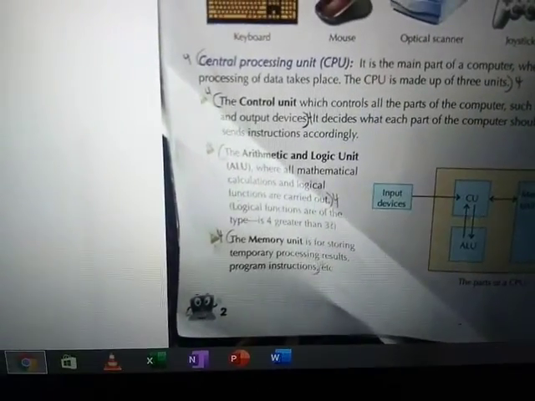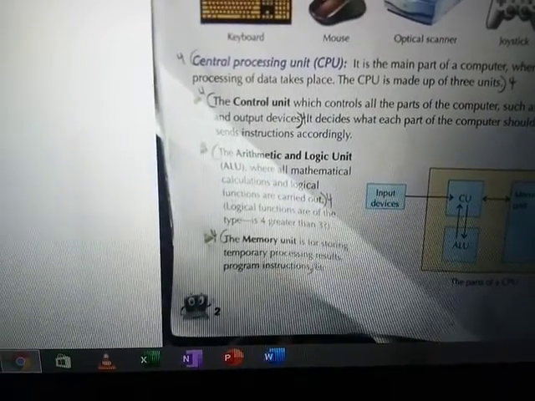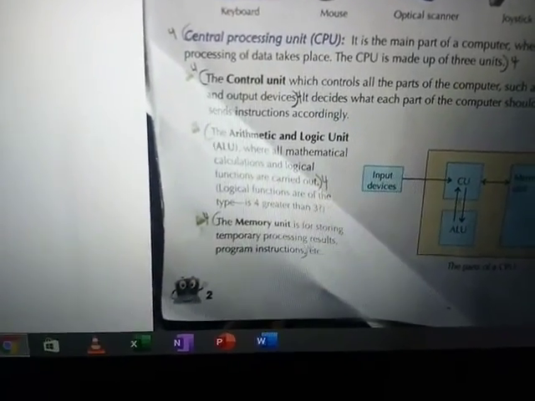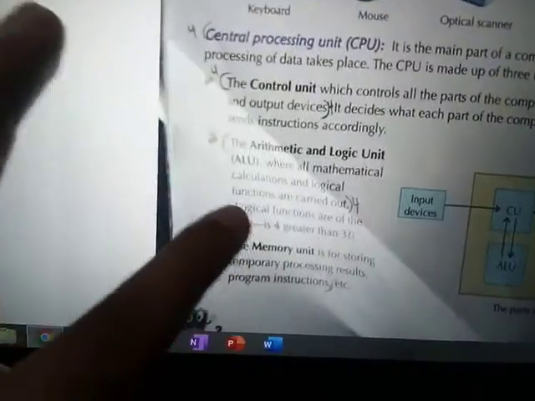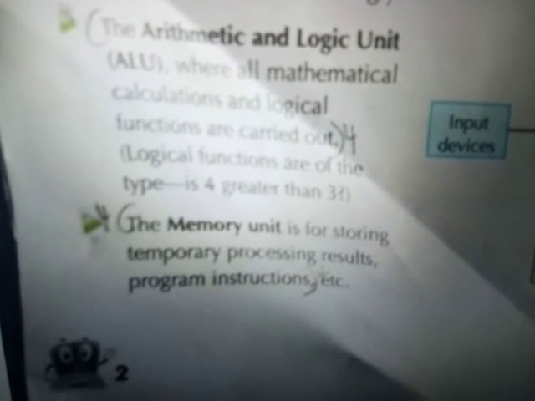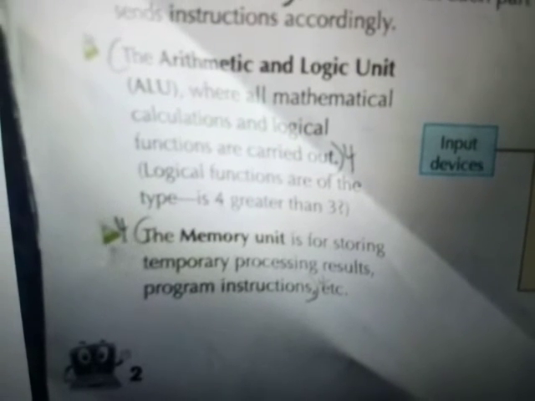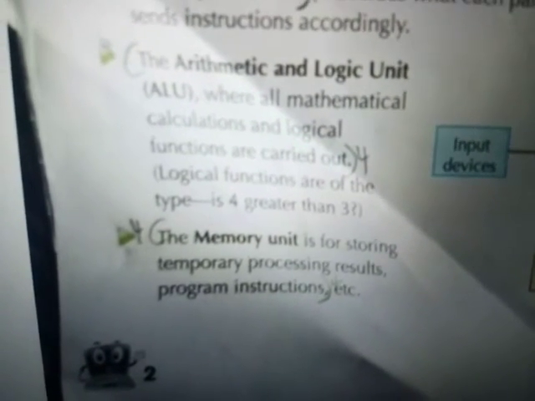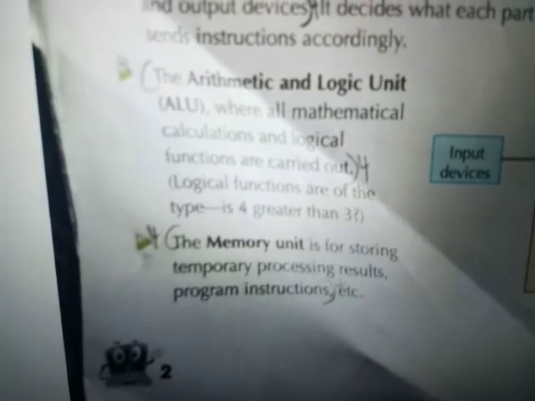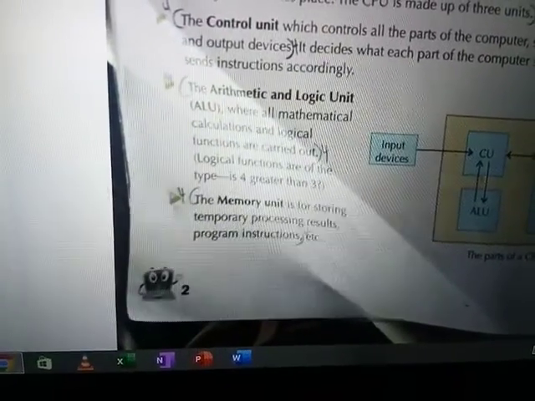It performs arithmetic or mathematical calculations like addition, subtraction, multiplication, and division. Does it only do that? No. It also does some logical functions, like 4 is greater than 3, 2 is greater than 1, 10 is less than 11. All these logical functions it also does.